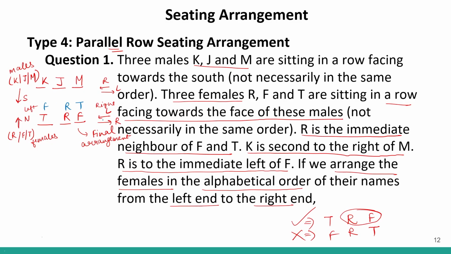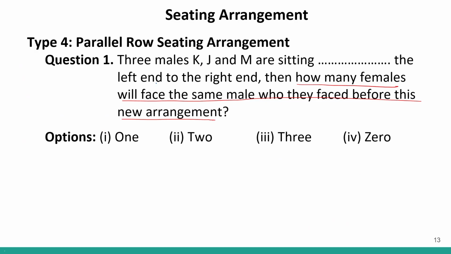So basically, the question asks how many females will face the same male who they faced before this new arrangement. So we have to compare what males they were facing before rearrangement and what males they are facing after rearrangement.